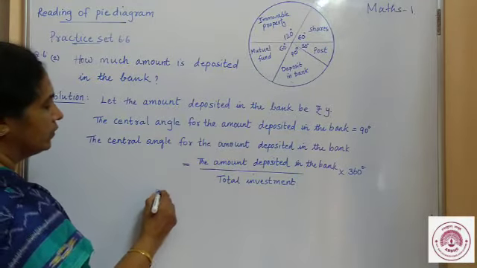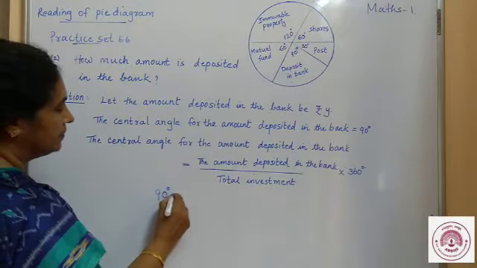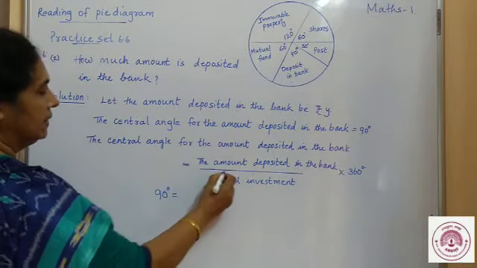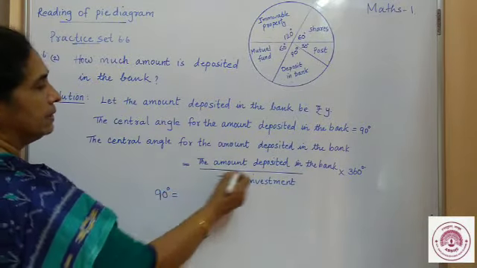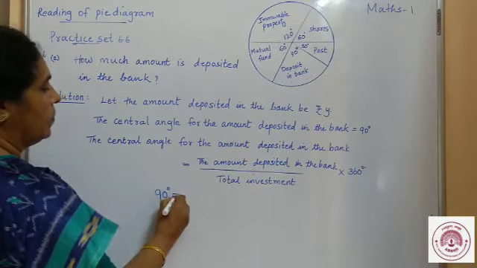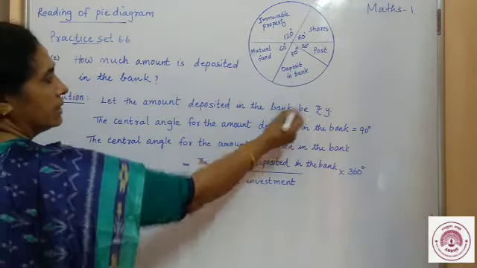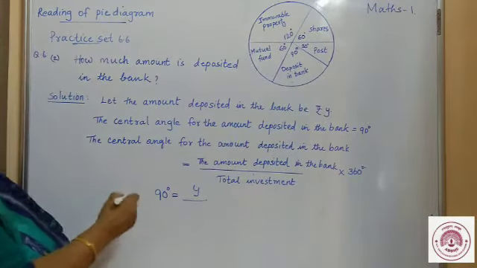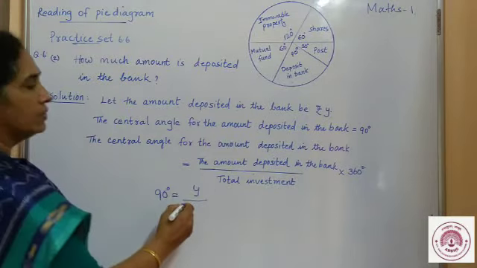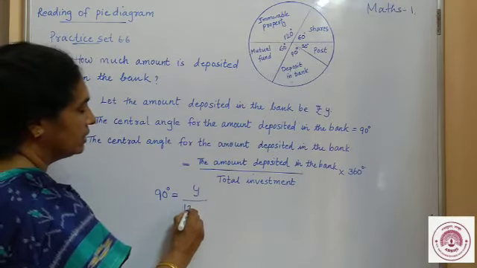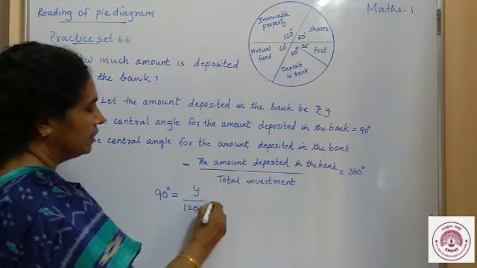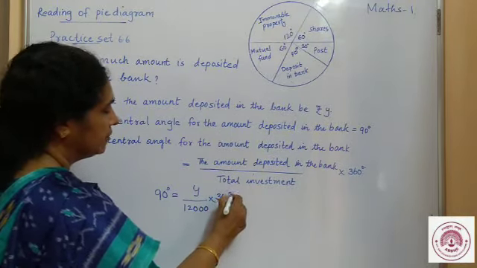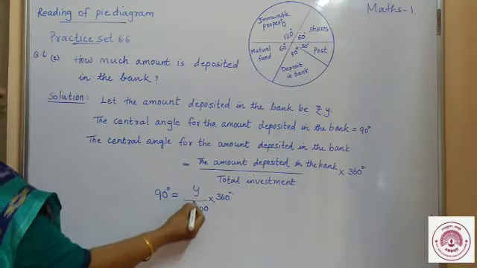90 degrees equal to the amount deposited in the bank, we have taken it as Y, upon total investment. In the previous first question, we found that the total investment is rupees 12,000, into 360. Now, how to calculate this Y?